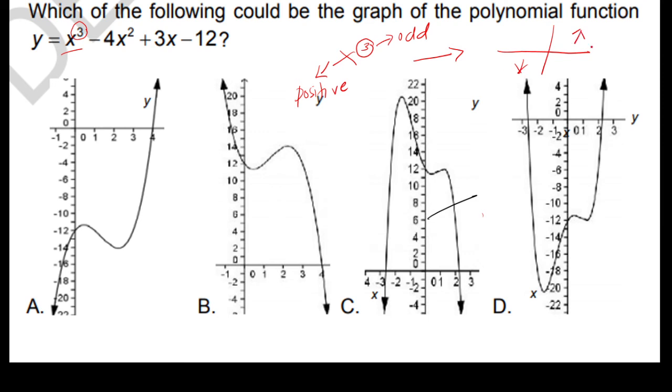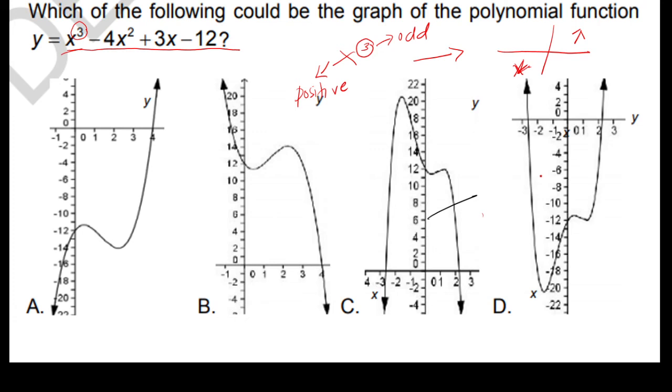It falls to the left, it rises to the right. Right? So, if you look at the 4 choices, which one is the graph of x cubed minus 4x squared plus 3x minus 12? Its left hand is down, and its right hand is going up.